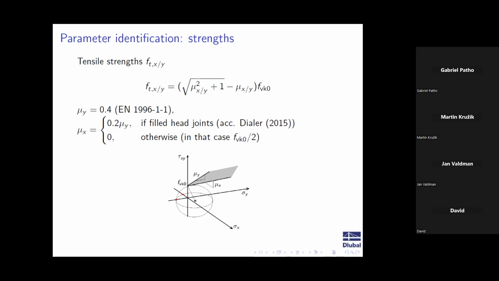Again, with the weak axis, you have some reduction factors if you have filled head joints or not. These are all taken care of. So the friction angle in the weak direction is half of the friction angle in the strong direction, and you consider it 0 if you have unfilled head joints.